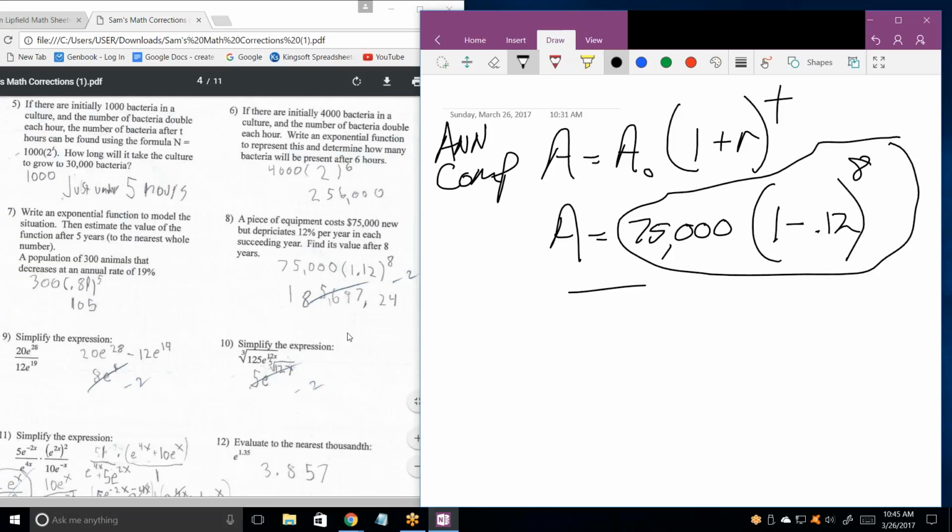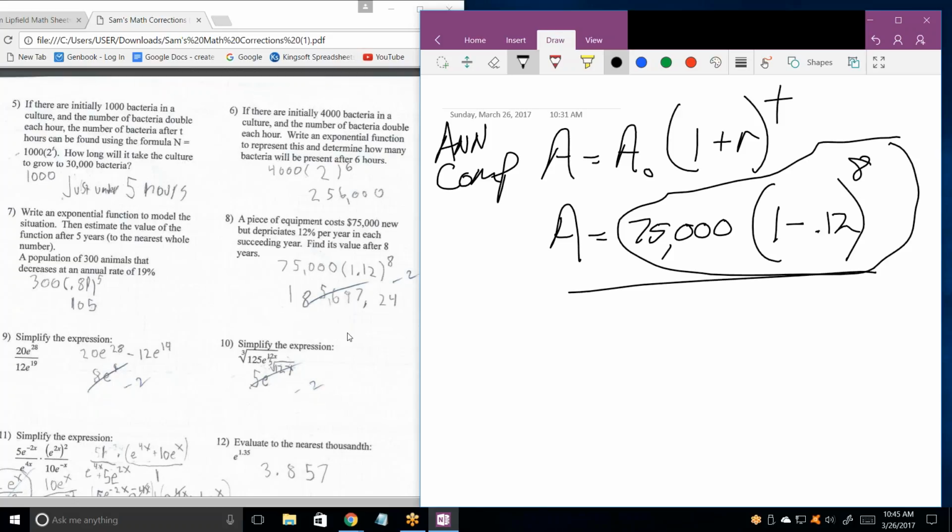But there's your answer. So again, the way I would do this is take the number 0.88, raise it to the 8th power, and whatever you get, multiply it by 75,000. The problem with starting with the 75,000 as the first thing you put in your calculator is it's too easy to make a mistake and include that in what is going to be raised to the 8th power.